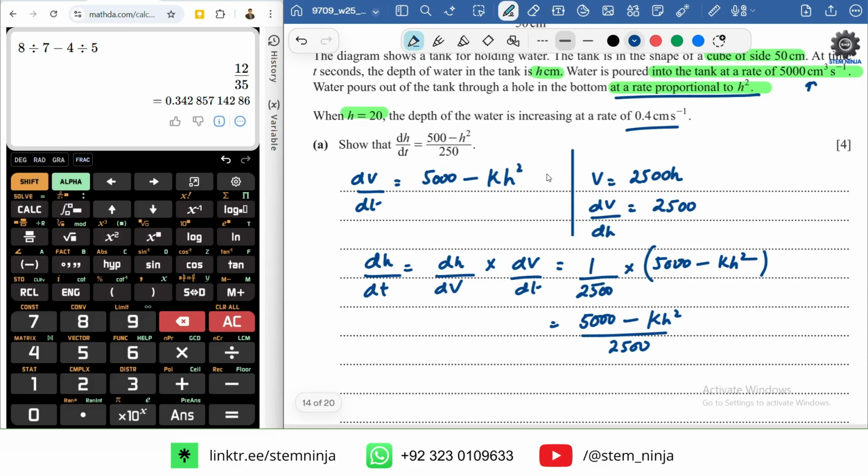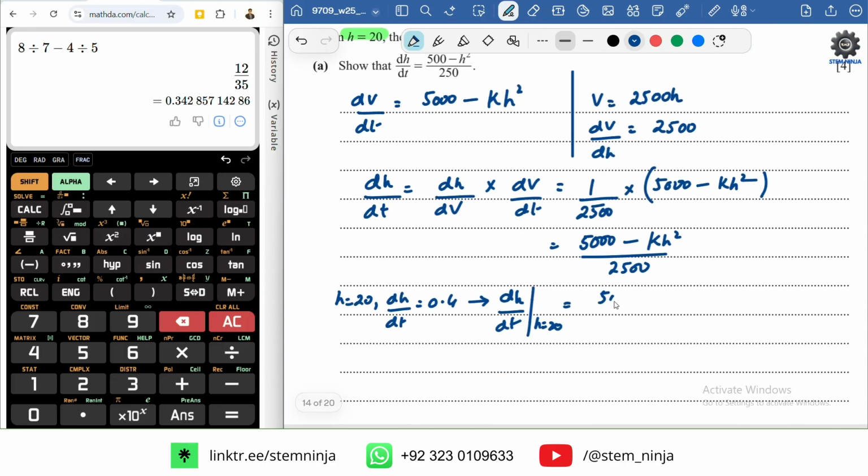Now we have a specific value that when h is 20, dh over dt is 0.4, right? So dh over dt at h equal to 20. So we will say that this is 5000 minus k, h squared would be 400, over 2500 equals 0.4.